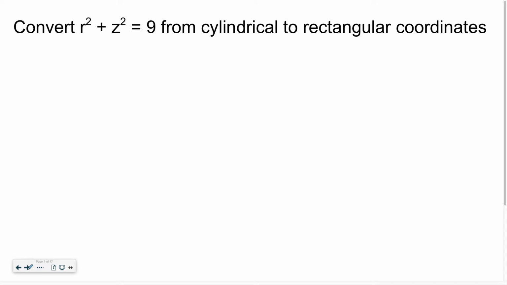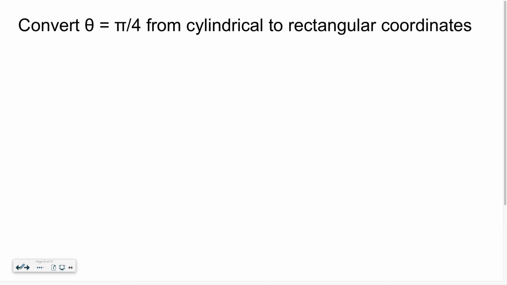All right. This is the example. We are going to convert equations from one form to the other. So this is obviously a cylindrical equation, and we want to convert it to rectangular.